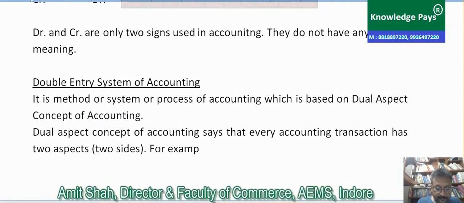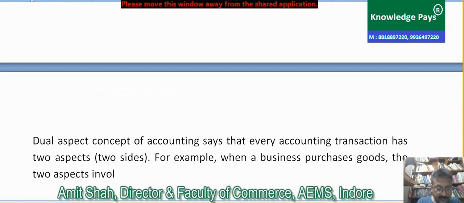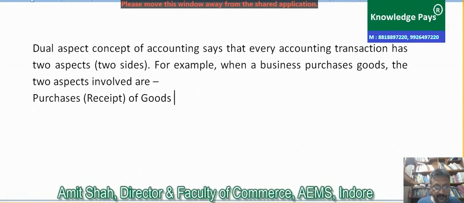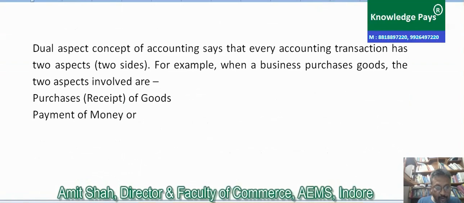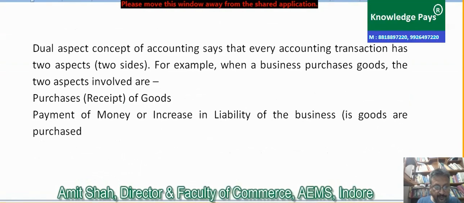For example, when a business purchases goods, the two aspects involved are purchases of goods, whether we call it purchases or receipt of goods, and the other one is payment of money or increase in liability of the business if goods are purchased on credit.